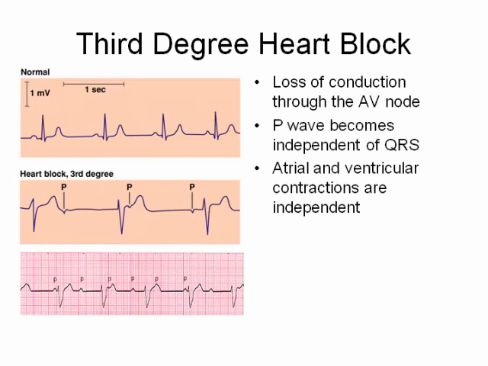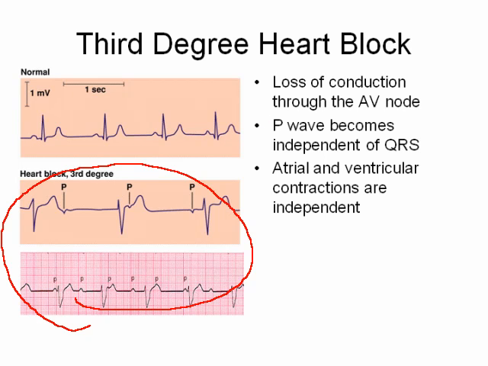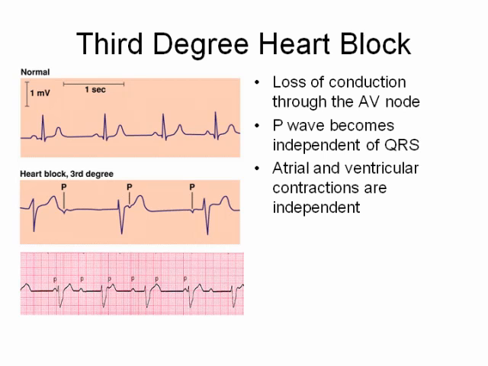It can progress and become worse, moving to what we call third degree or complete heart block. Again, we have our normal EKG. Here are 2 different examples of third degree heart block. In this case, if you notice, here we have a QRS complex, a T wave, then a P wave. No QRS complex.